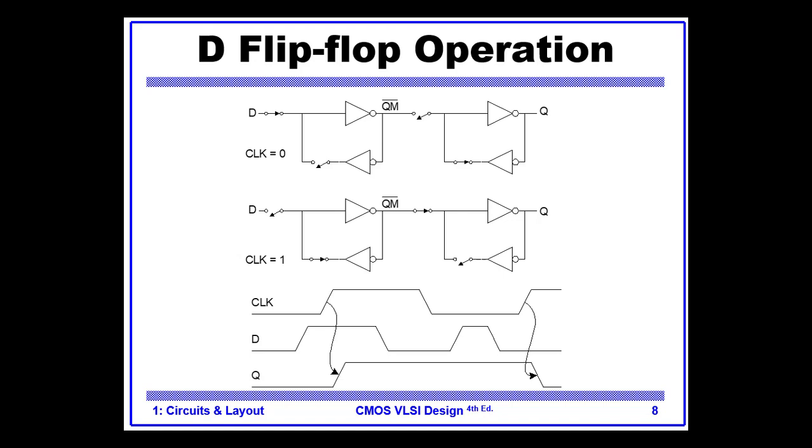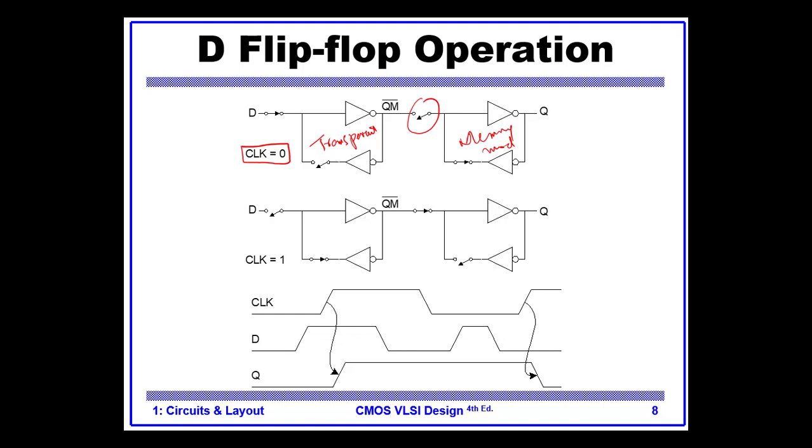Again, it is the same scenario. When the clock is 0, what is happening? This master is transparent, the slave is in memory mode, but you see here the disconnection, so the input cannot propagate to the output.